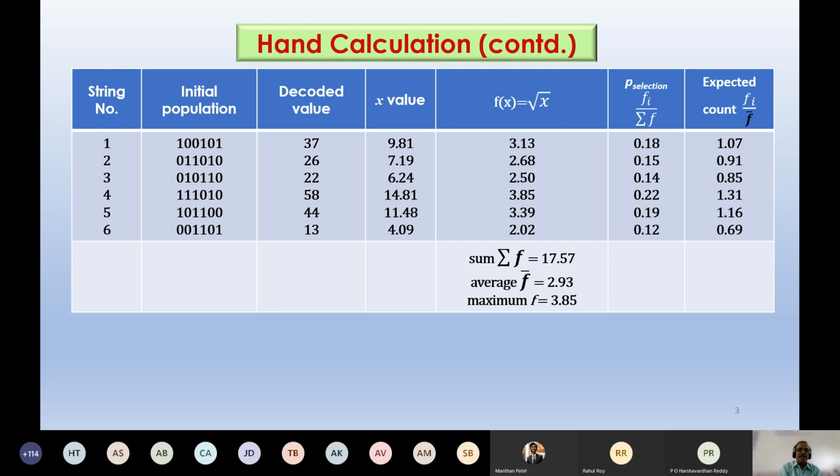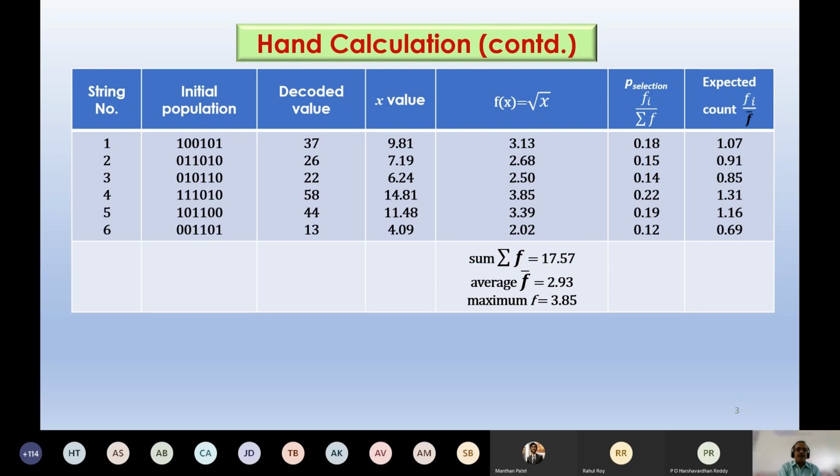From the right side, for the second bit, the place value is 2 raised to the power 1. Third, 2 raised to the power 2. Fourth, 2 raised to the power 3. Fifth, 2 raised to the power 4. Sixth, 2 raised to the power 5. These are all place values. And all of you know how to determine the decoded value for this binary.